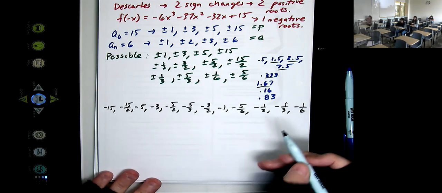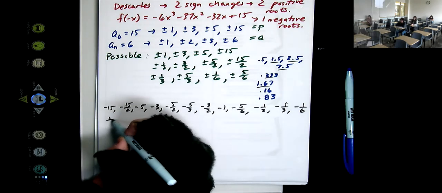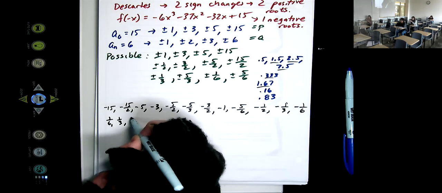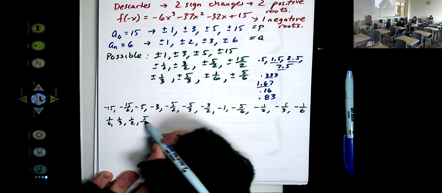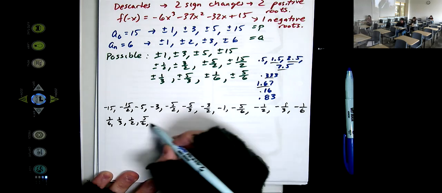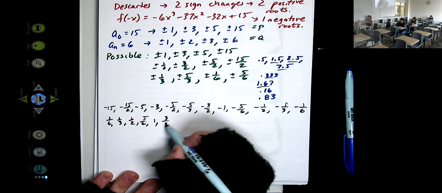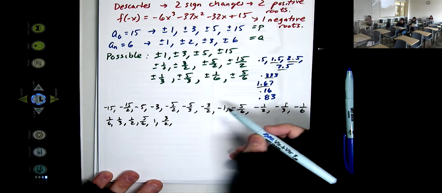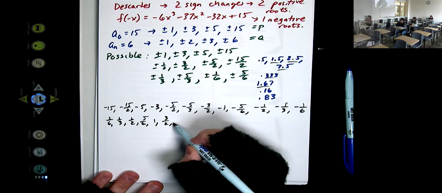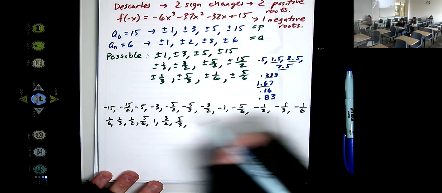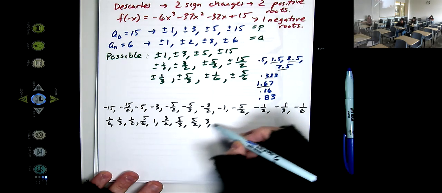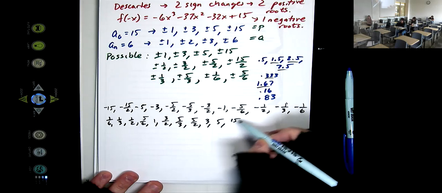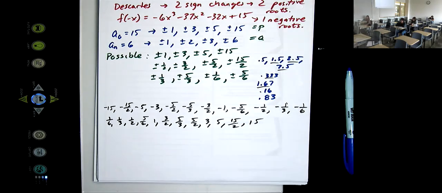I can reduce this order and make them all positive. This is some daunting shit, right?